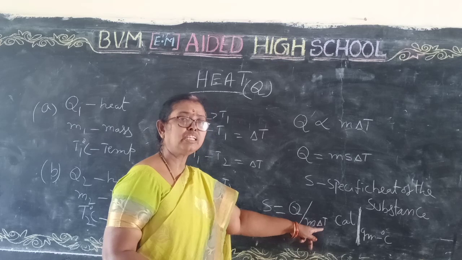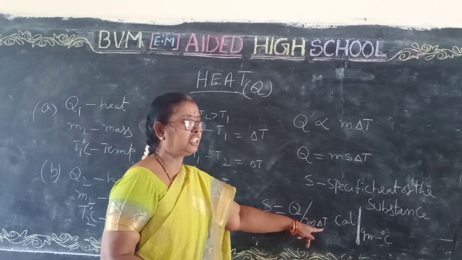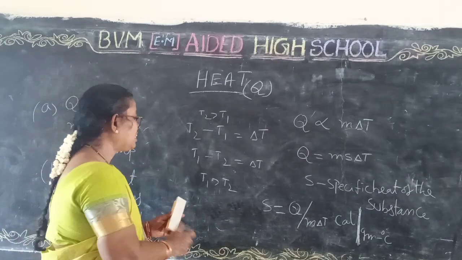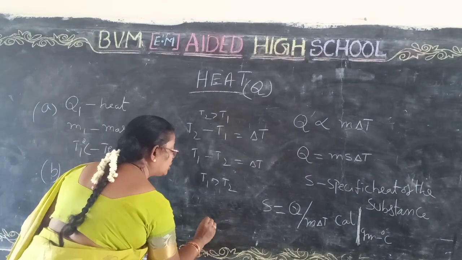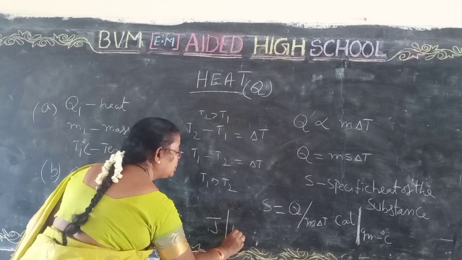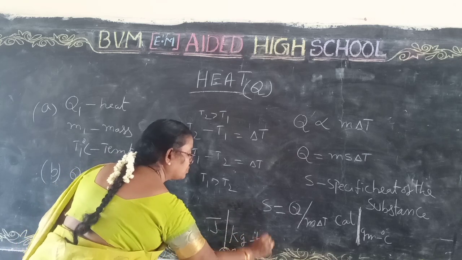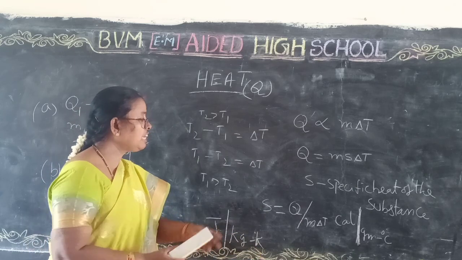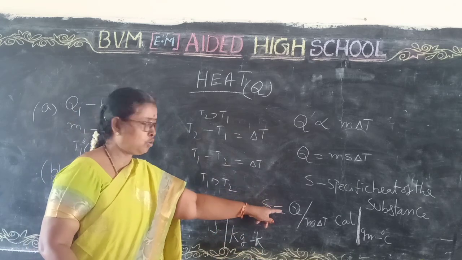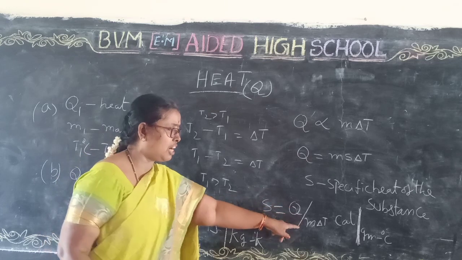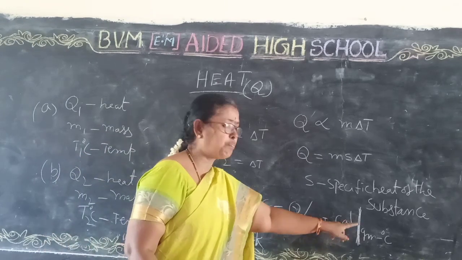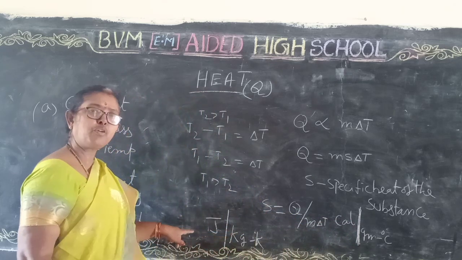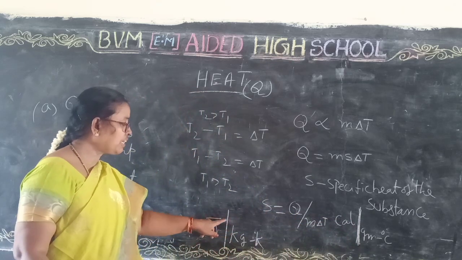This is in CGS units. If you want to write this in MKS units, we write it as joule per kg Kelvin. So the units are calorie per gram degree centigrade, and in SI units joule per kg Kelvin.